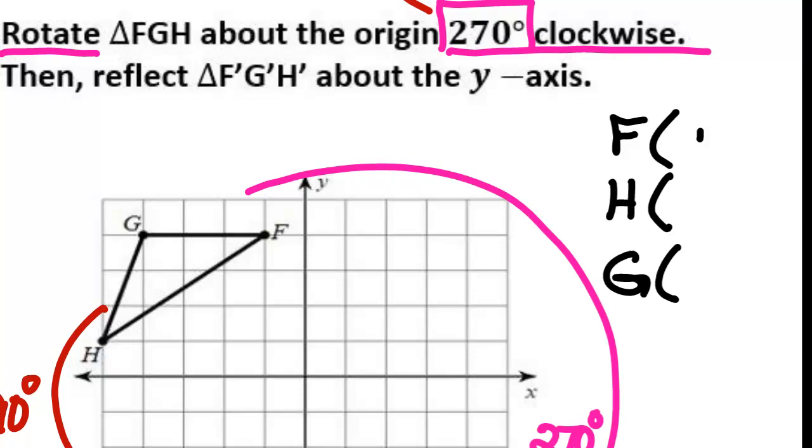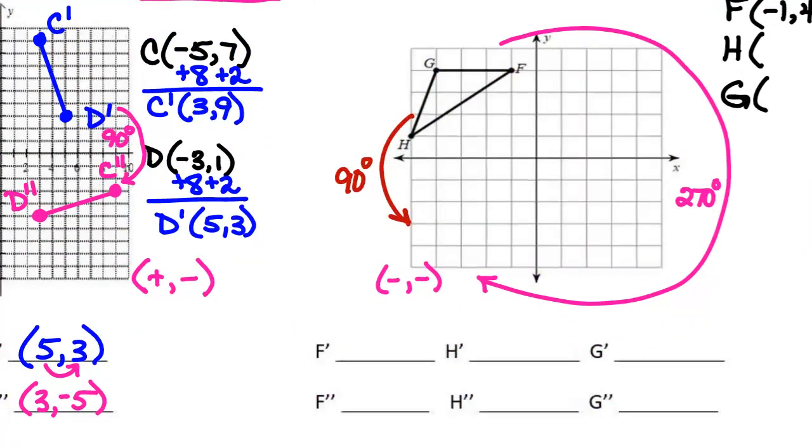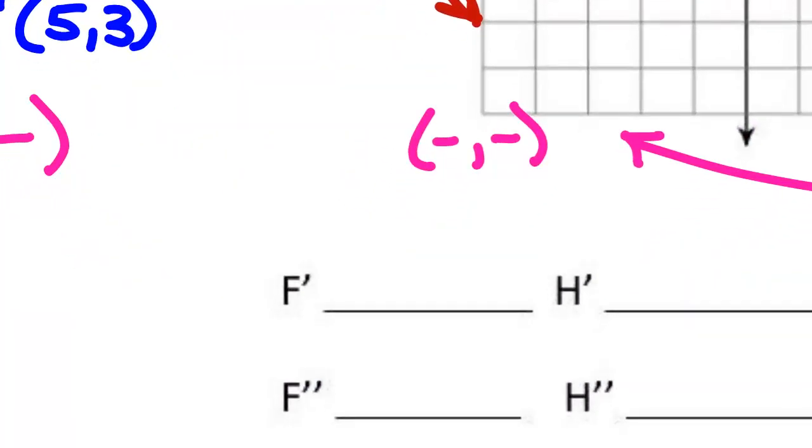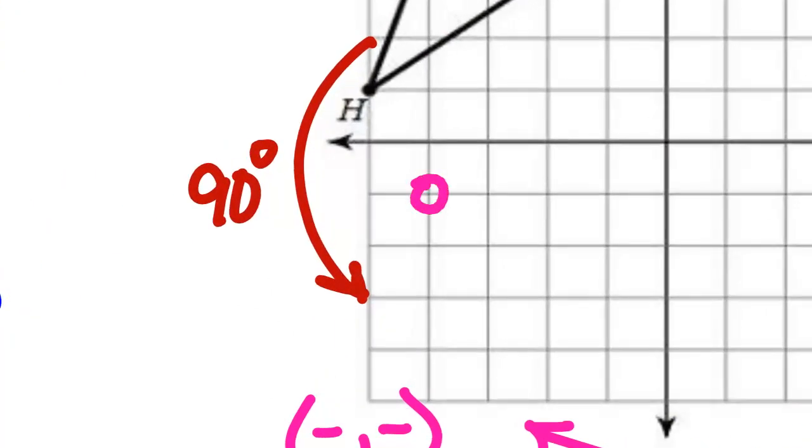Negative 1, 4. Thank you. I just didn't hear what you said. So where would F prime be then? Negative 4, negative 1. One switch. Everybody's negative because we're landing in the negative quadrant. So negative 4, negative 1 right here. Here's my F prime.